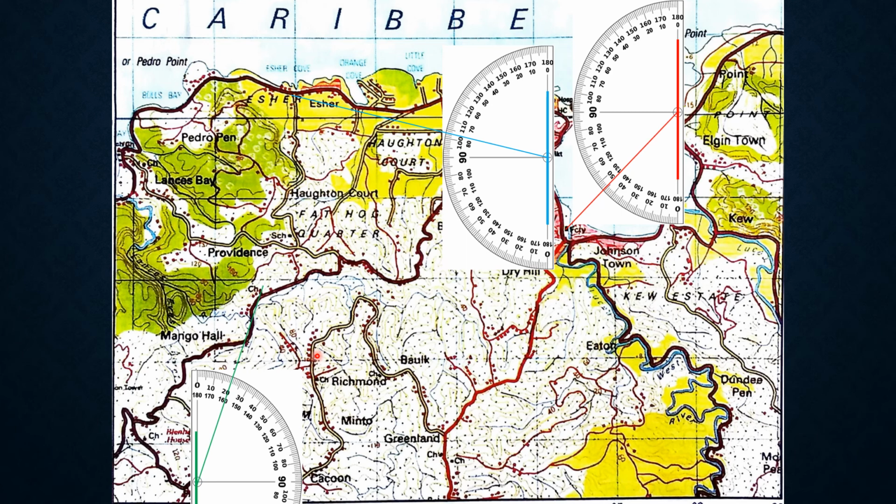Now, I want to make something clear. You don't have to be exactly on the money, because sometimes things happen and you don't get an exact reading. So let's just say, for example, the examiner has 20 degrees as the exact answer, but you get 19 degrees.